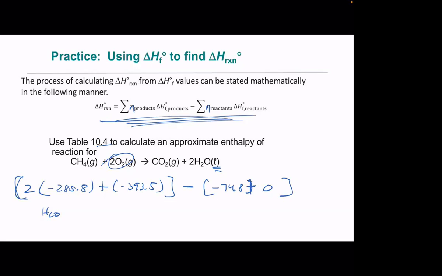Effectively, that negative sign is flipping those. Because we're not forming methane, methane's a reactant. So it's almost like using Hess's law. It's the same thing. That sign is flipping it because it's not a formation reaction, so you've got to change the sign. You're actually breaking down methane, so the sign needs to be opposite. This is what this equation does for you.